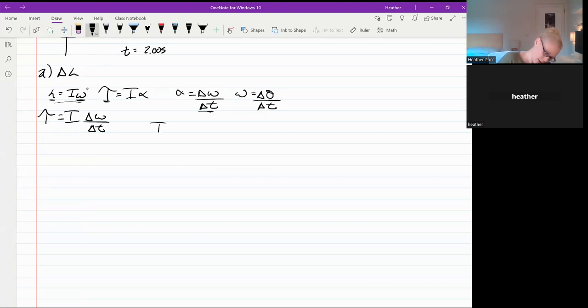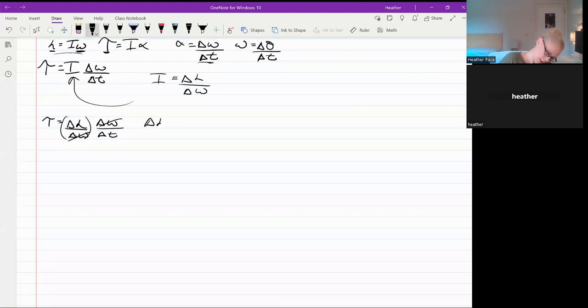So then we have I equals this. Put it in there, and rearranging, we get this. That's what we're looking for. These we are given. Let's plug them in, see what we get.